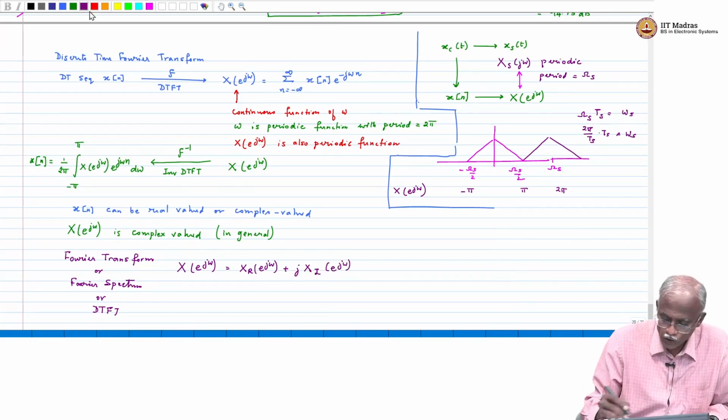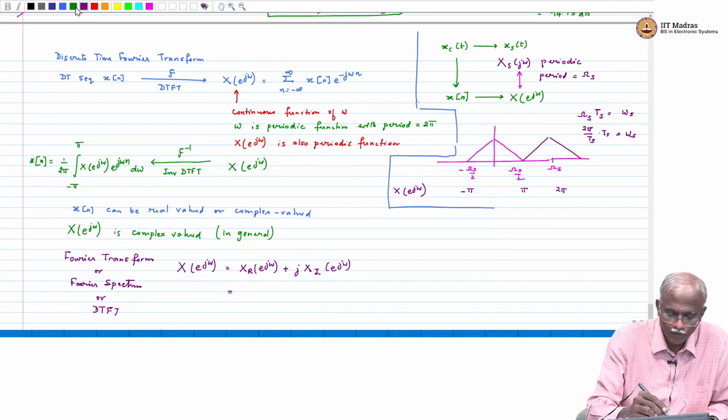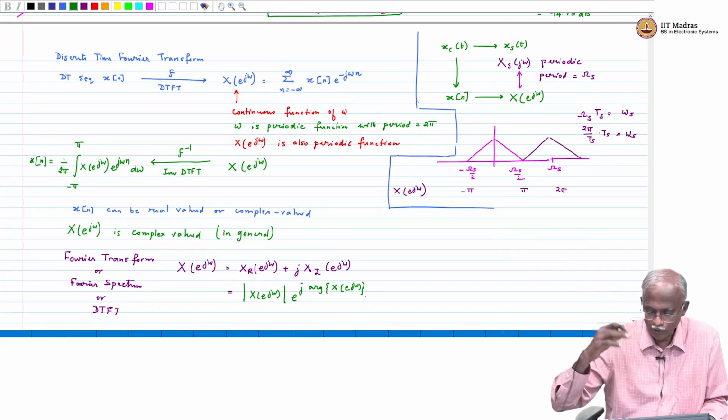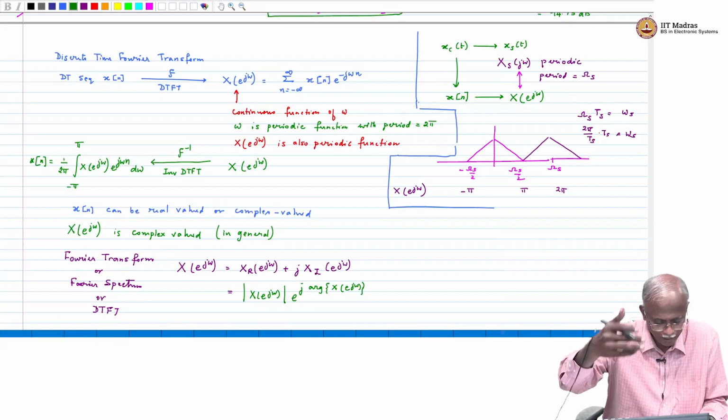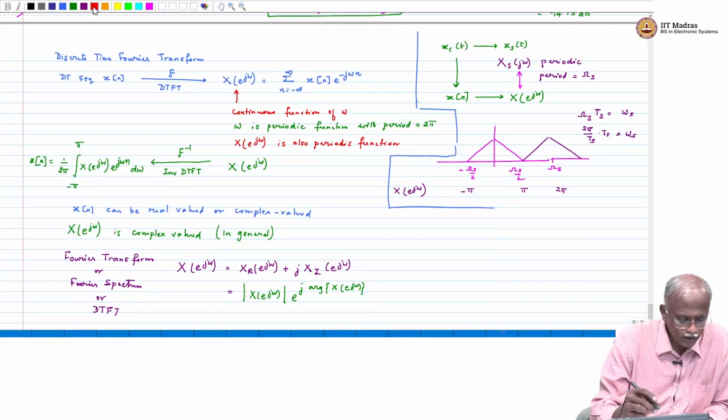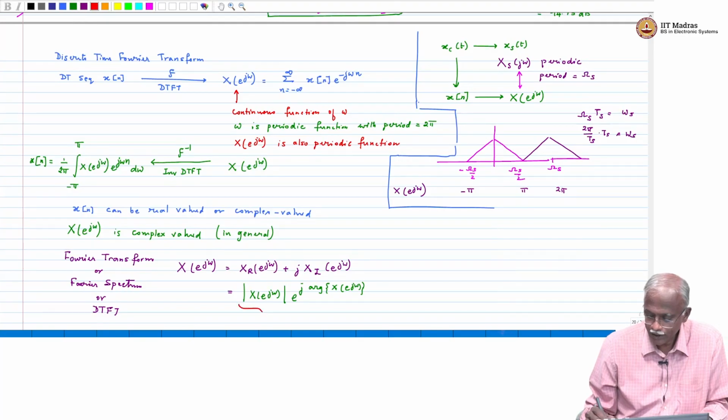We can also represent it in terms of a magnitude and phase. Magnitude of Xe of j omega times e power j times argument of Xe of j omega. Okay, that will be the tan inverse of the imaginary part divided by the real part.